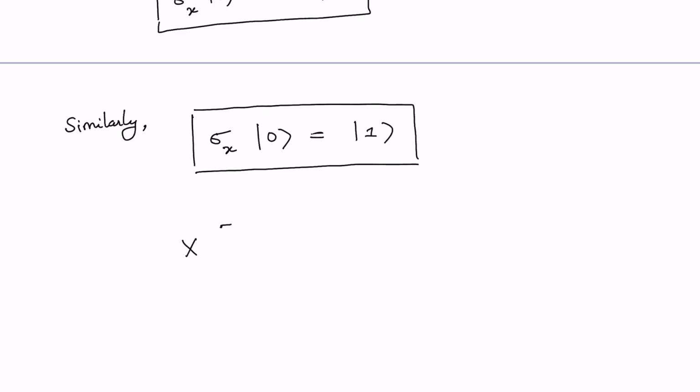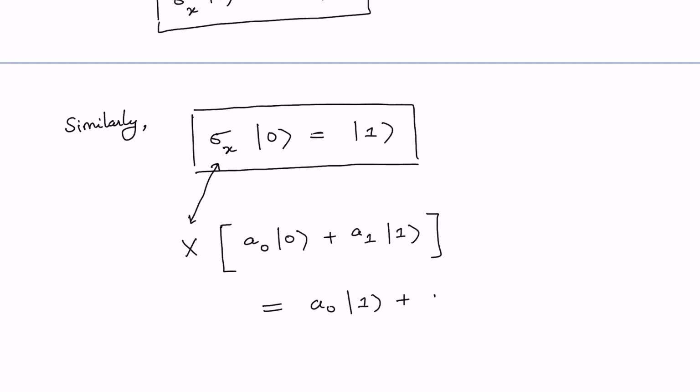For example, if X operates on a superposition a0 gate 0 plus a1 gate 1, the resultant state becomes a0 gate 1 plus a1 gate 0. Okay, so this is the action of the NOT operation.